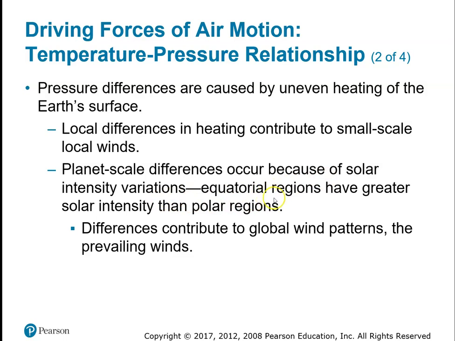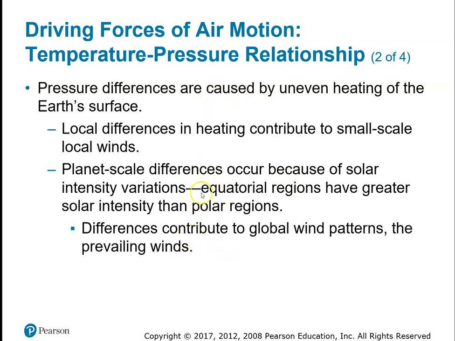You get more intensity at the equator, then less intensity at the poles, and of course it varies according to the time of year as well. But right now we're just talking about the overall planet scale temperature difference. On any given day, there's a difference between the pole and the equator.